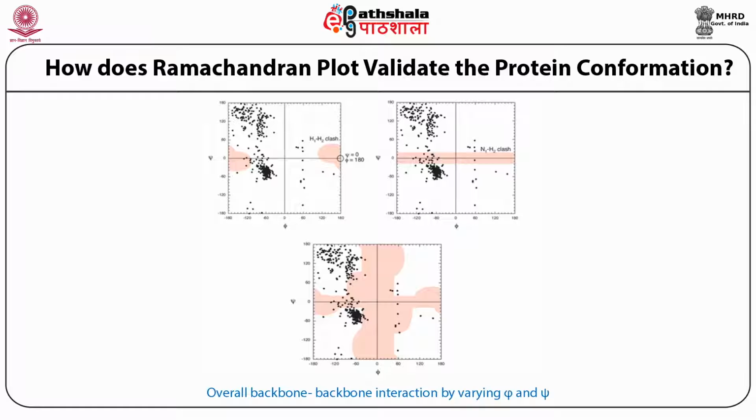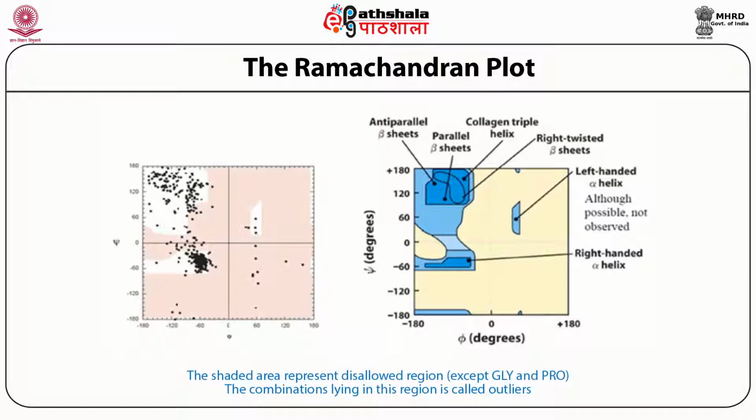By doing this, keeping phi and rotating psi, or keeping psi and rotating phi, these theoretical calculations led us to this particular beautiful plot which is called the Ramachandran plot. So this is the overall complete picture of the Ramachandran plot, or complete phi psi plot.